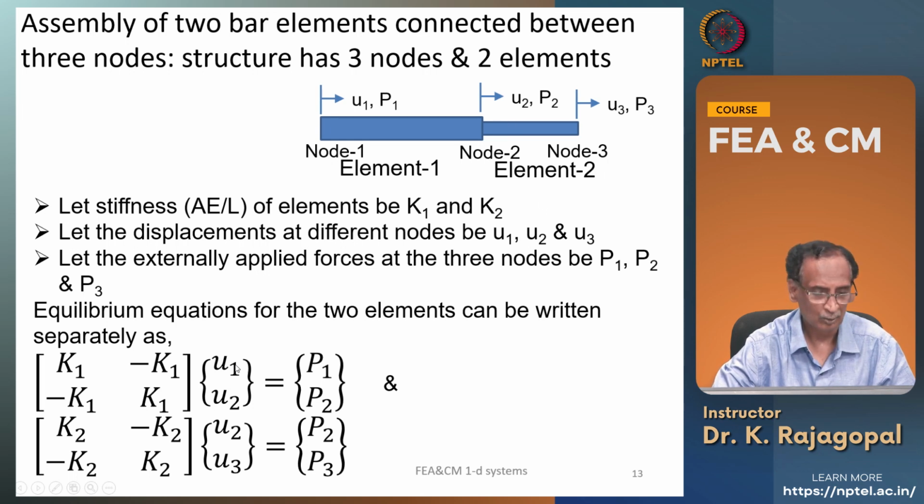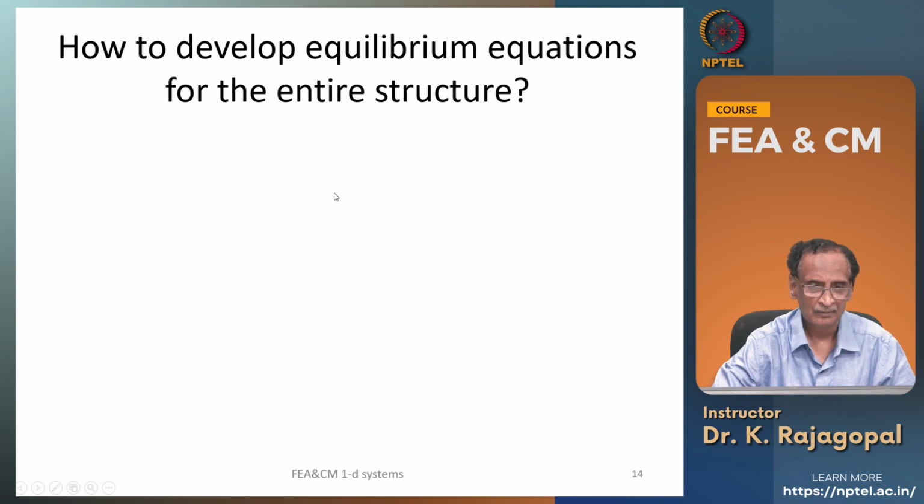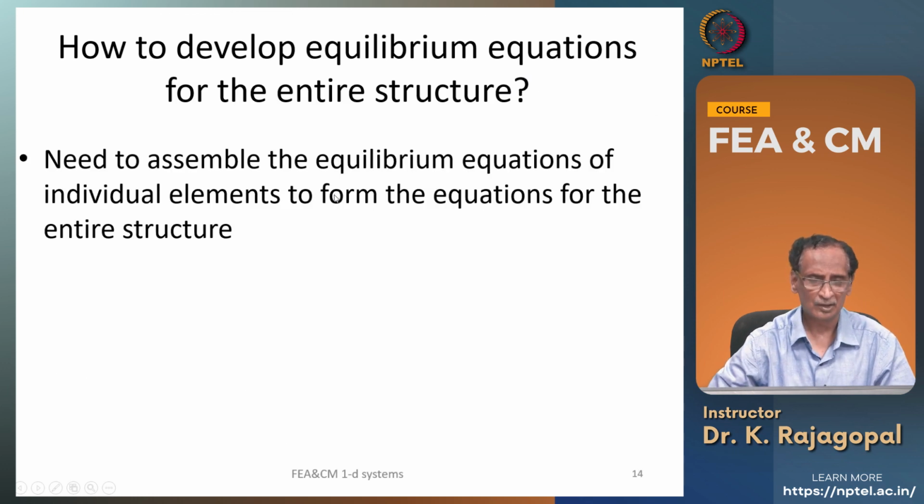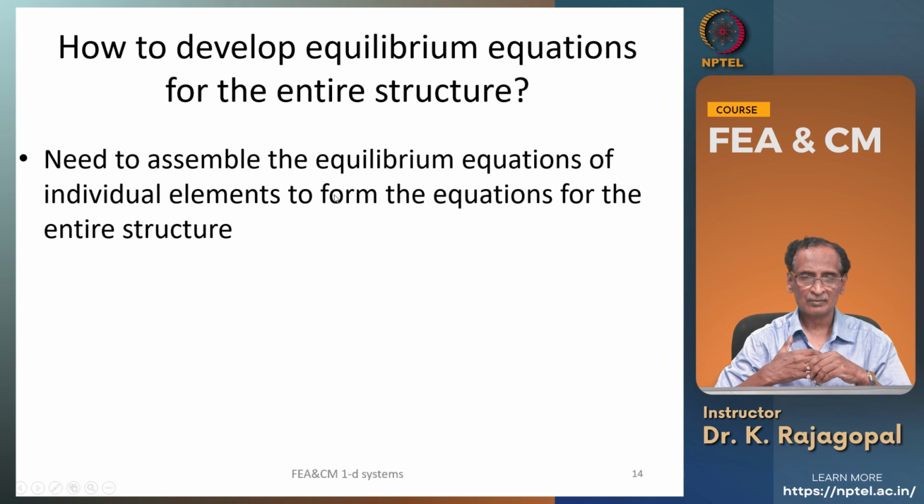Similarly, element 2 is connected to degrees of freedom u2 and u3, and the applied forces are P2 and P3. So, this is our system of equations for element 2. But our structure has 3 degrees of freedom, and now we have to see how we can develop the equilibrium equations for the entire structure.